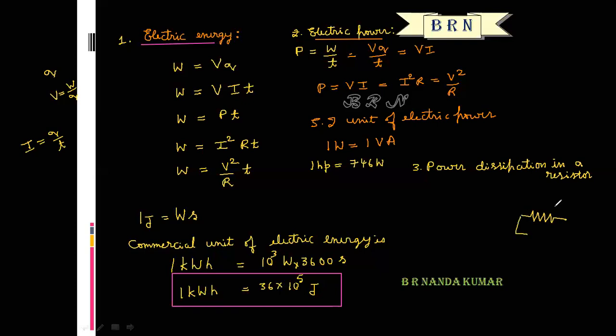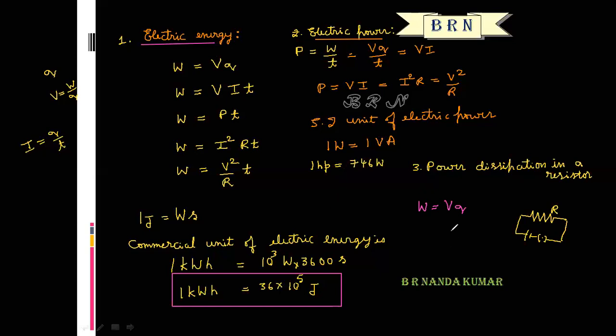Just consider a resistor that is connected to a battery through a plug-in. So what amount of work has to be done in driving a charge Q through the resistor? That is W is equal to V into Q. Actually, this work done is electric energy.